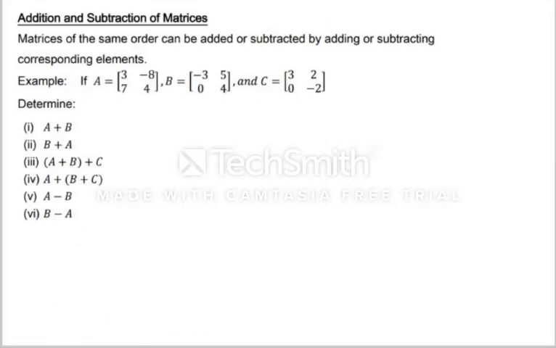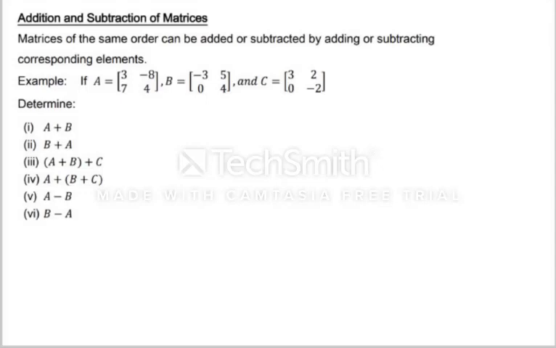Addition and subtraction of matrices. Matrices of the same order can be added or subtracted by adding or subtracting corresponding elements.